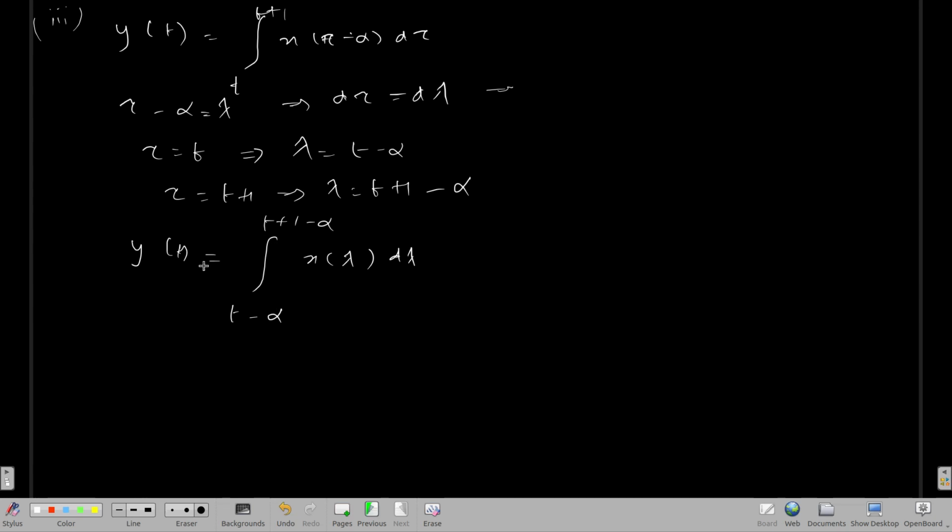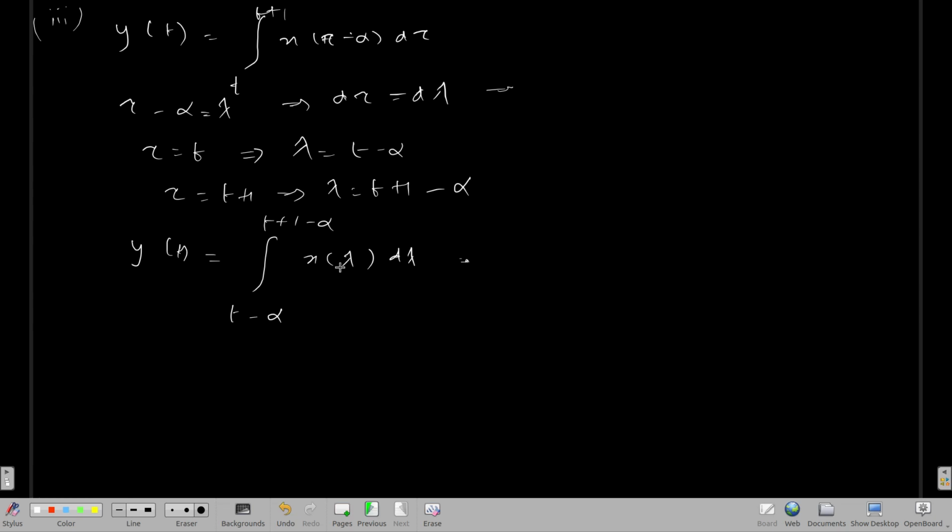So this will be the first integral of x of t plus 1 minus alpha minus the first integral of x of t minus alpha.